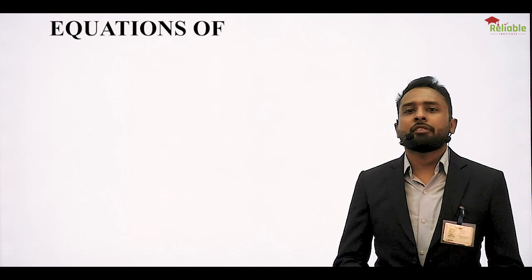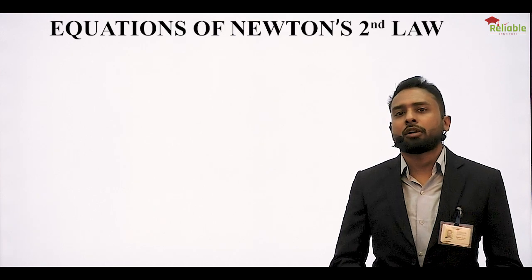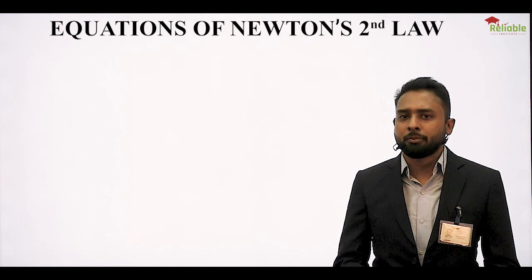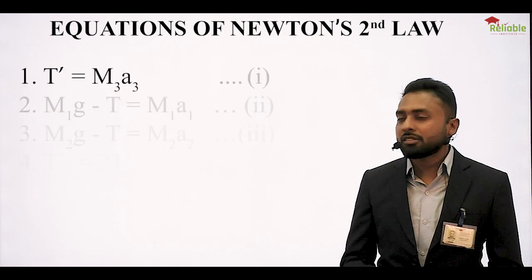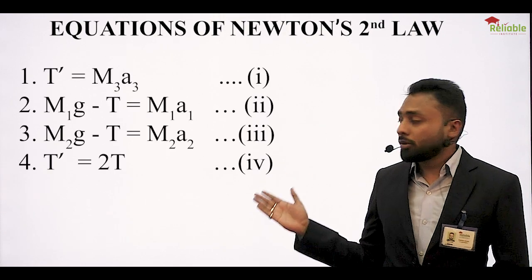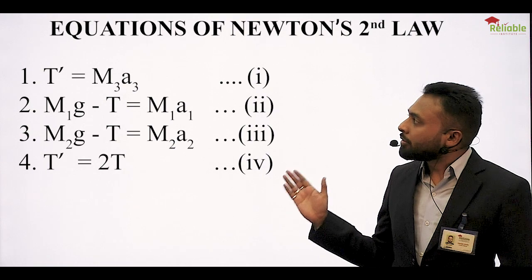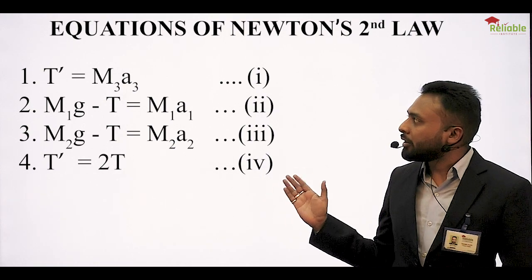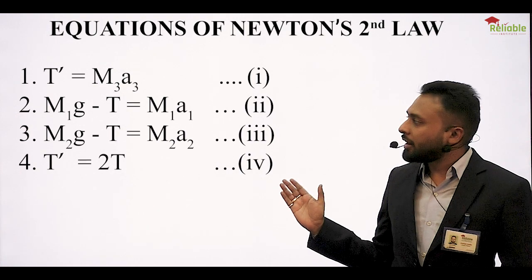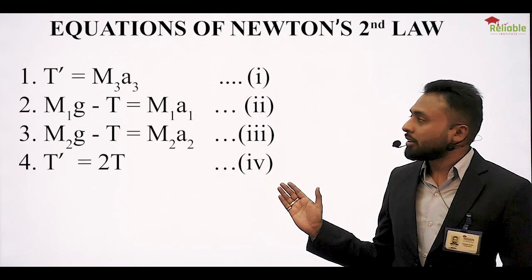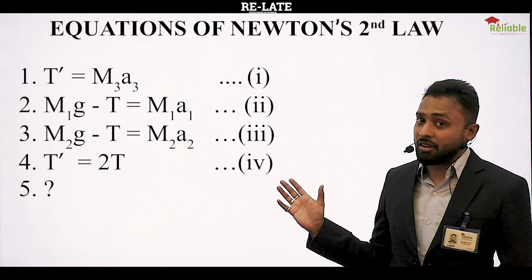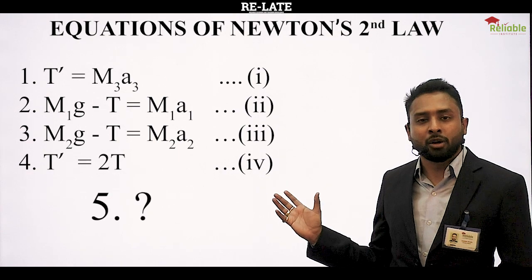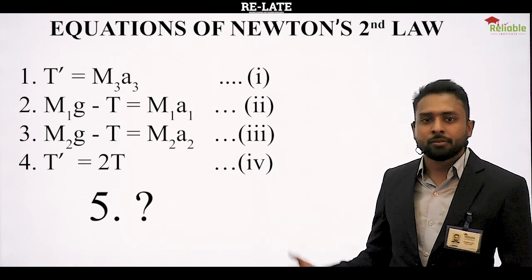Till now we have written Newton's second law for all three blocks and the moving pulley, and the resulting equations are these. You can see that we have 5 variables and only 4 equations. Our variables are a1, a2, a3, T and T dash, but we have only 4 equations.